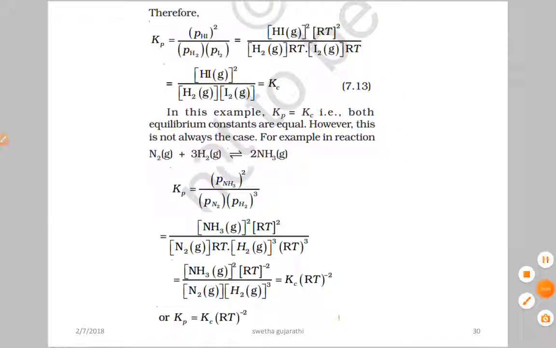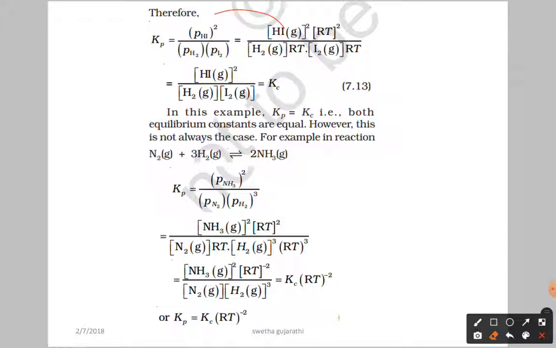Now if you substitute all the values here, HI into RT, so RT has to be multiplied, and you get RT square in total. In the denominator, the partial pressure of H2 into RT and the partial pressure of I2 into RT.